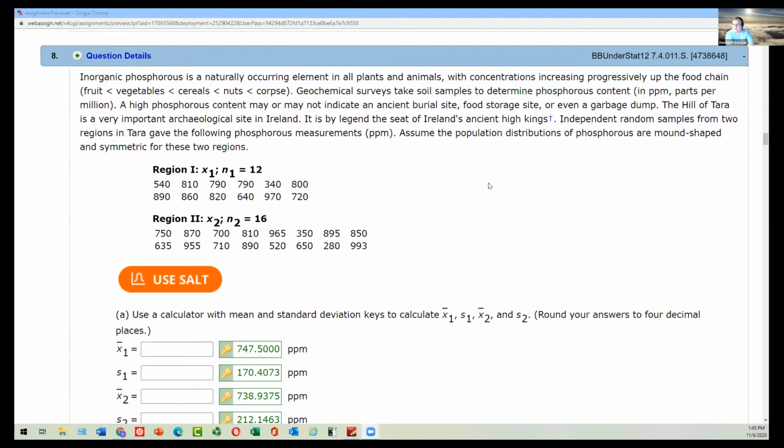So you can imagine one of the tests an archaeologist might do, a kind of first test, is just take soil samples. And if he gets a really high phosphorus level, he's thinking, there's probably something interesting under here. It could be just dead bodies, right? Burial site. Or a food dump. You know, in the olden days, people didn't have refrigerators, believe it or not.